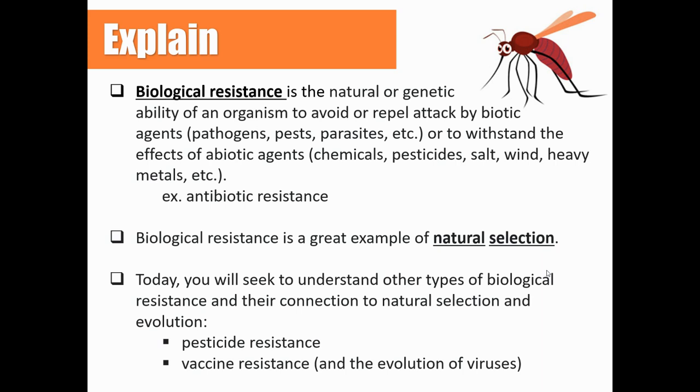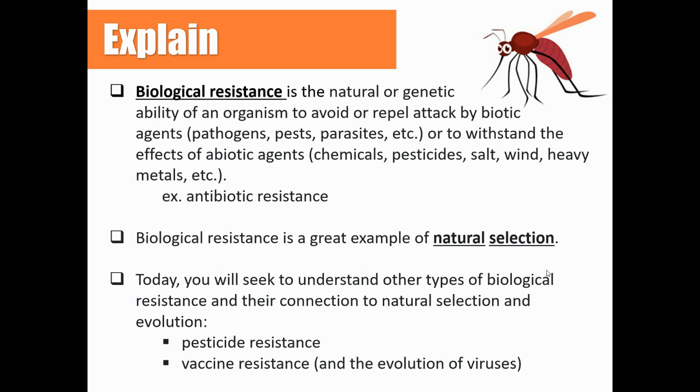Antibiotic resistance is not the only form of resistance. Two other examples of biological resistance that apply to natural selection are pesticide resistance, which can develop over time when pesticides are repeatedly applied to organisms. It's the decreased susceptibility of a pest population to a pesticide that maybe was once effective.